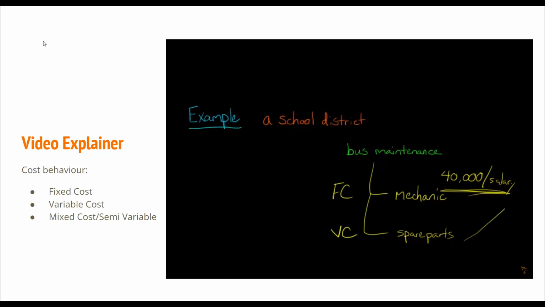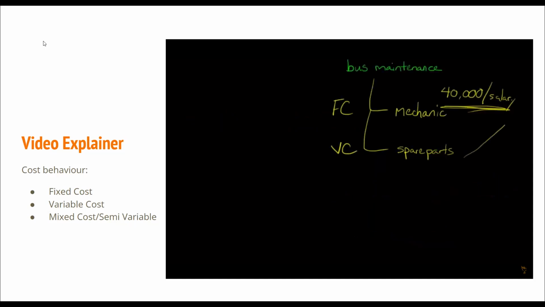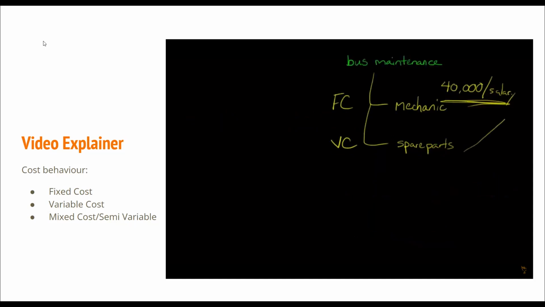If we wanted to plot this out briefly, let me just change colors. Now if we look at our axes, up here is our cost, and here is our activity level. With activity, we're thinking about the number of buses that break down and our bus maintenance cost. We're going to start right here, and then we're going to go up. Right here is that 40,000 that we're paying to this mechanic.